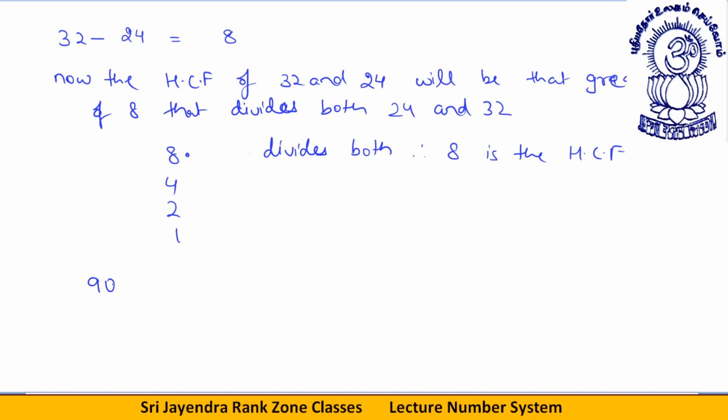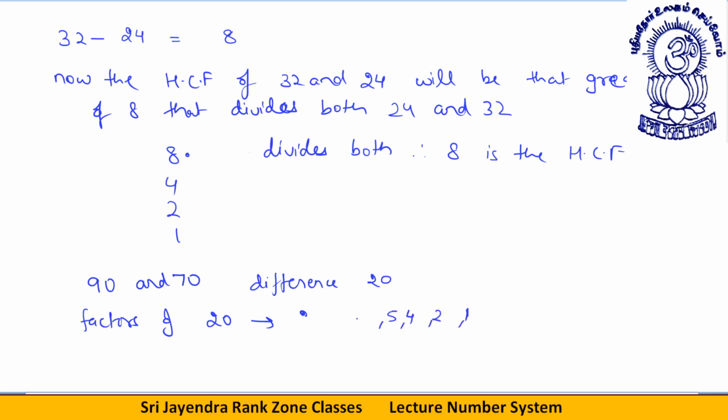Similarly, if I talk about 90 and 70, what is the difference? The difference is 20. Let's write down the factors of 20: 1, 2, 4, 5, 10, 20. Does 20 divide both of these?